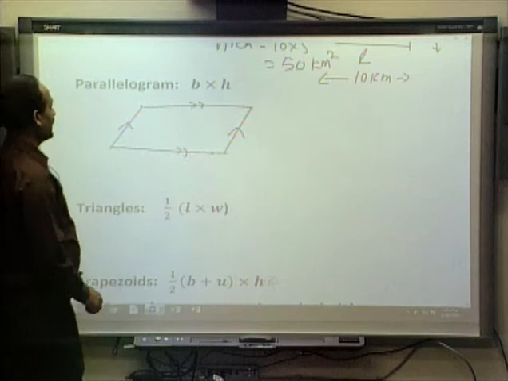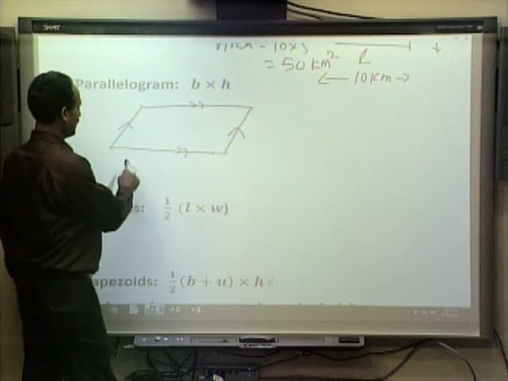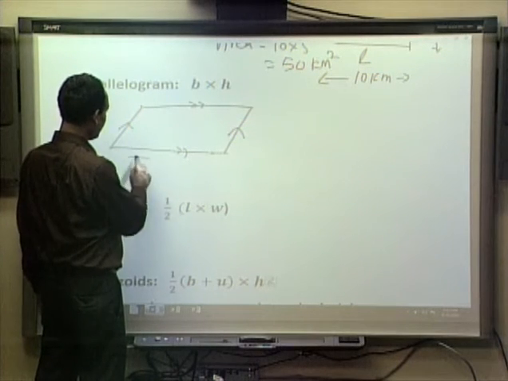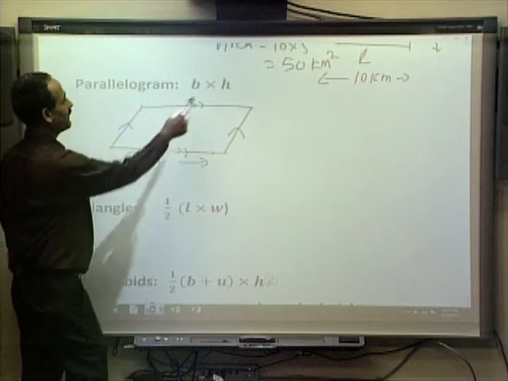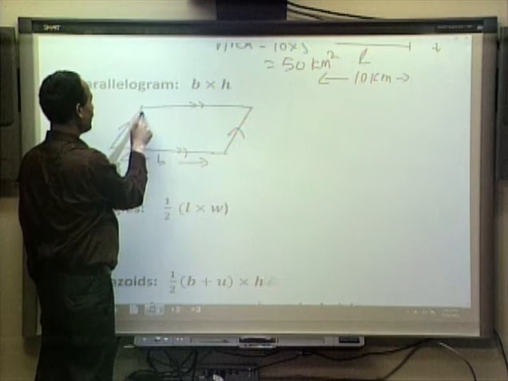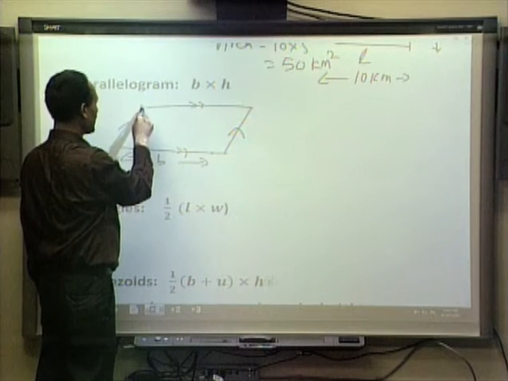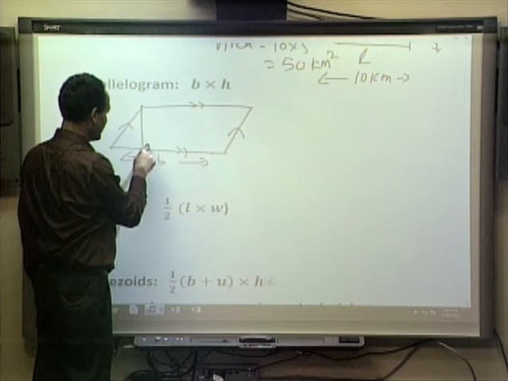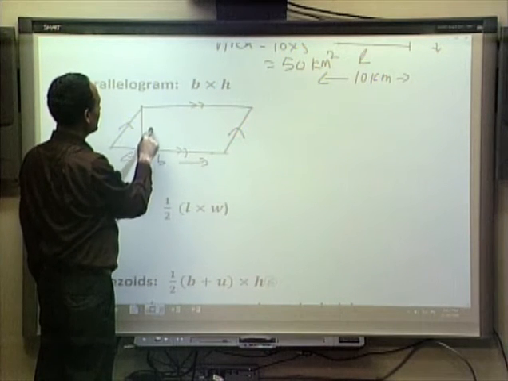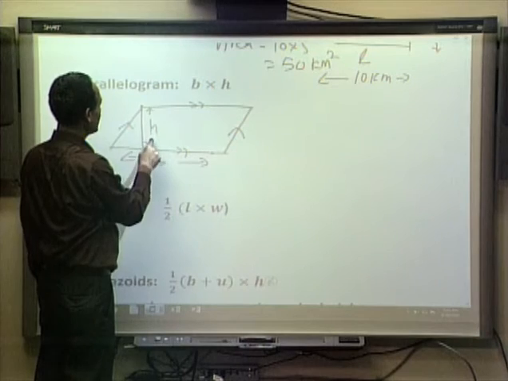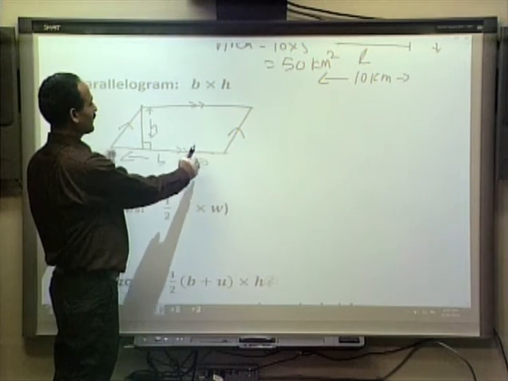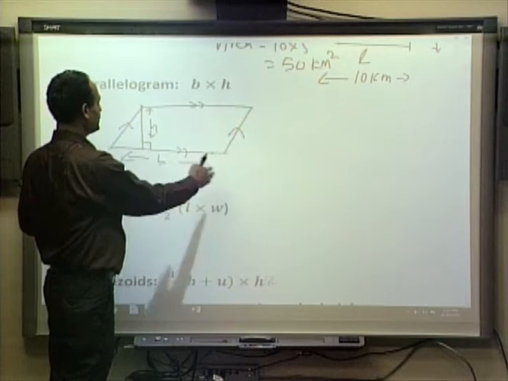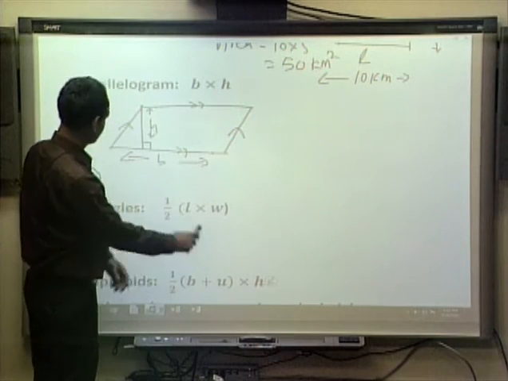When we want to find the area of a parallelogram, let us say the base is B, this is B units long, and the height is the perpendicular from one of the vertices here to the opposite side. So, we drop a perpendicular here and this is what the height is. The area of the parallelogram is nothing more than base times height.